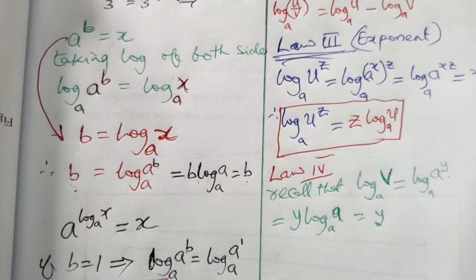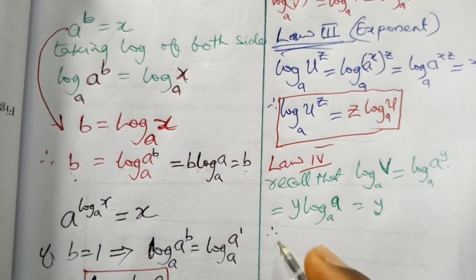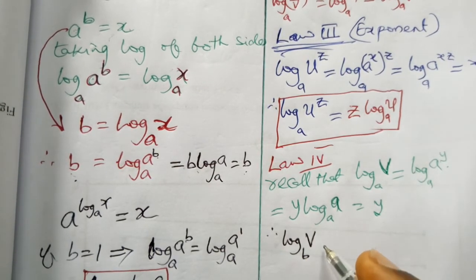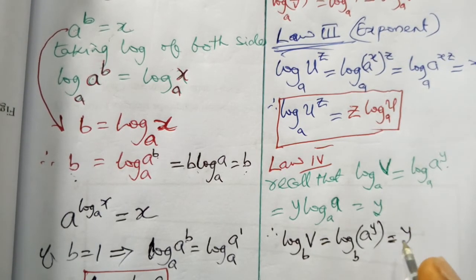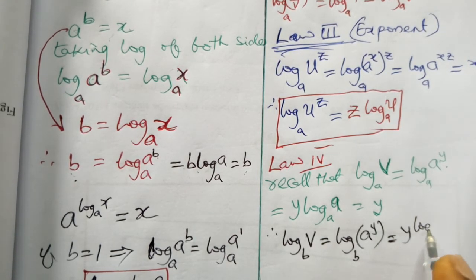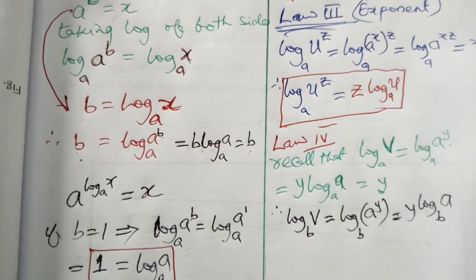So we want to change that base now to b. If we change the base from a to b, then log v base b will give us log a^y, if you like, base b, and according to the indices law we have done at law 2 or 3, it will give us y log a base b.